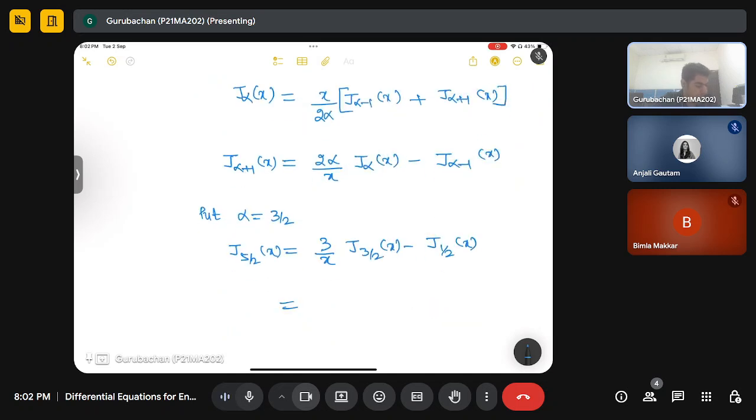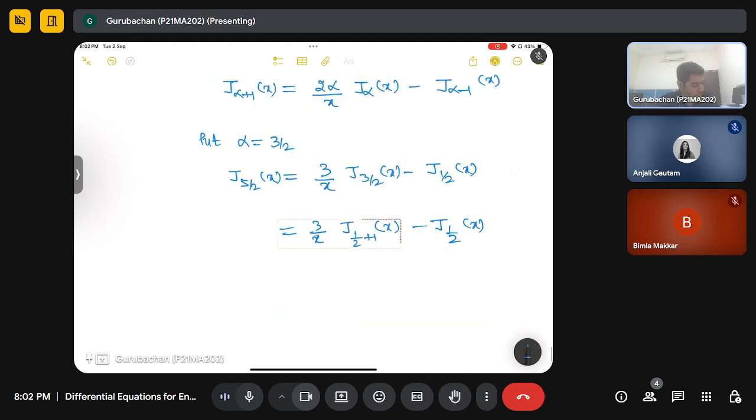Now again we have to decrease this 3 by 2. So this is 3 by x, and you will rewrite J 3 by 2 of x as 1 by x J half of x minus J minus half of x.